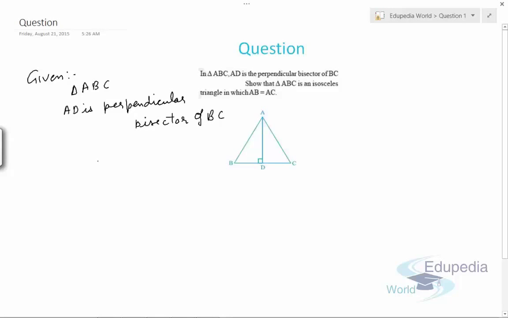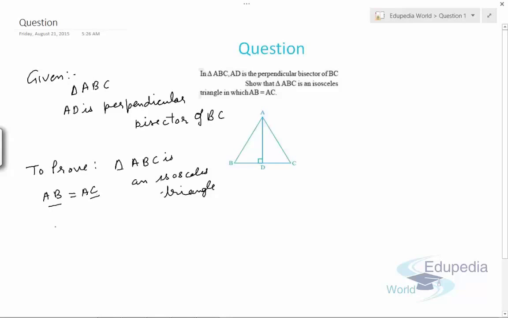Now we need to show that ABC is an isosceles triangle, in which AB equals AC. So we need to prove triangle ABC is an isosceles triangle, or we need to prove that AB equals AC. Now let's see how we can prove this.